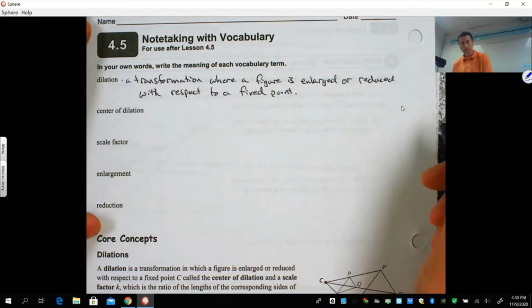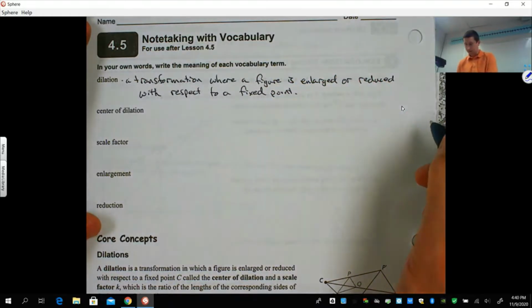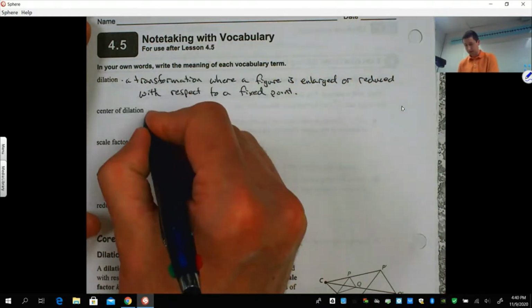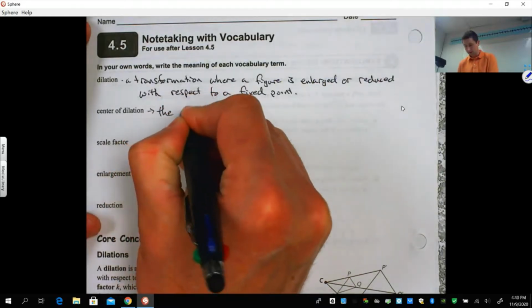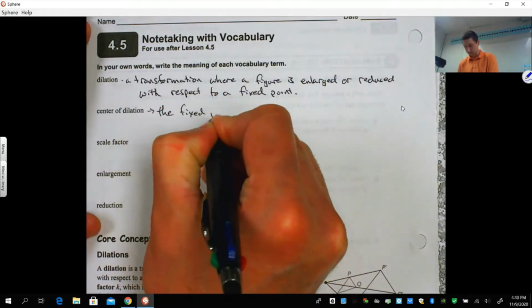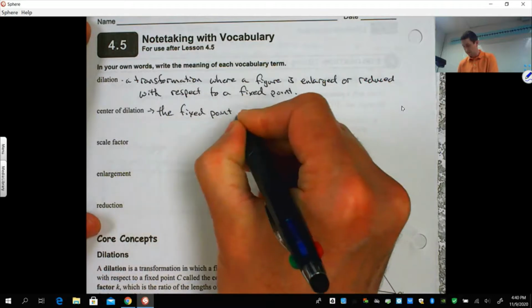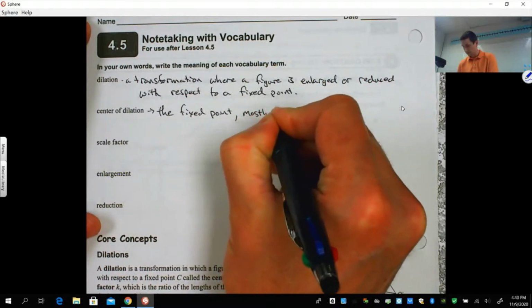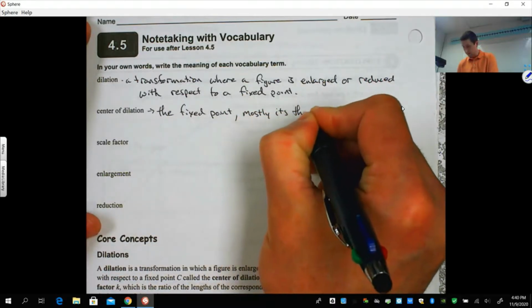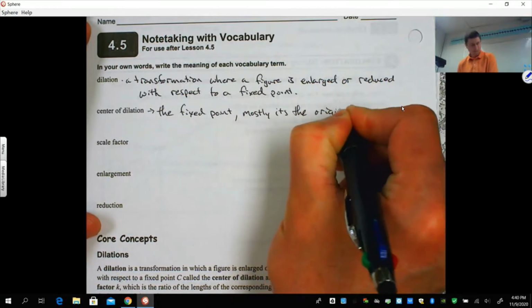With respect to a fixed point. And that fixed point is called the center of dilation. So we'll just say this is the fixed point. Mostly it's the origin that we're going to face.